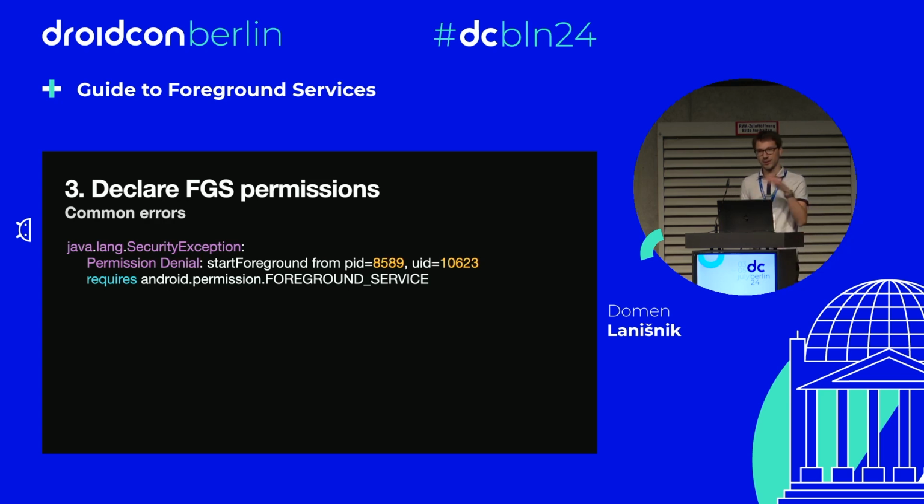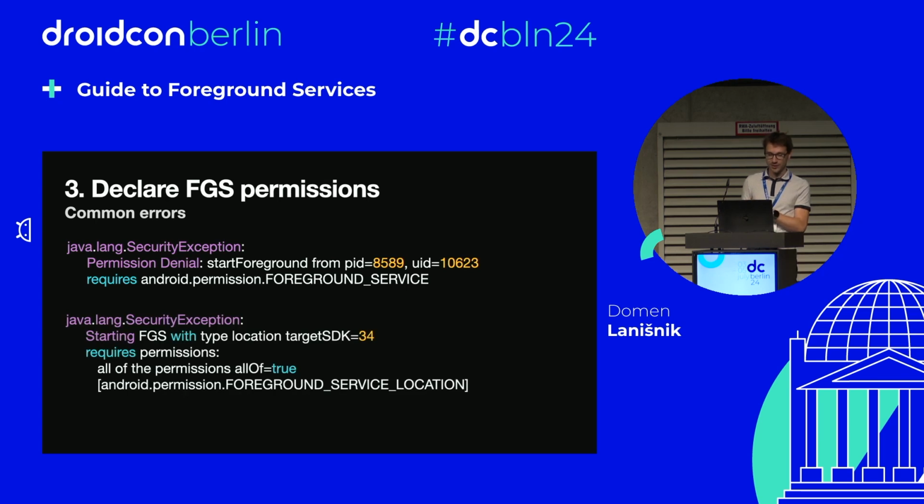If you forget to declare the type specific one, you will also get a security exception saying that starting a foreground service with type location on Android 14 requires all of the following permissions. Cool. Okay, so we've declared this.